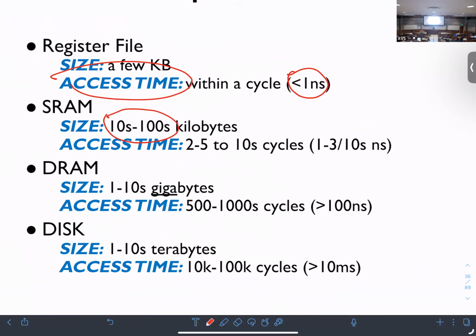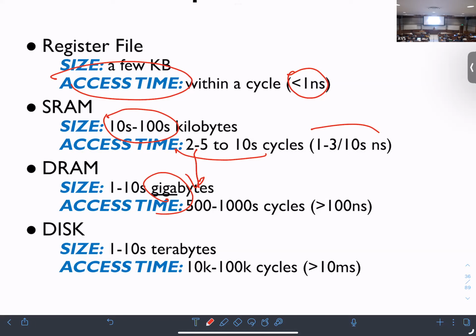It could be somewhere between 2 to 10 cycles, which translates into 1 to 10 nanoseconds of access time for SRAMs. For DRAMs, you're talking about gigabytes, but you see the significant jump from 10 cycles to hundreds and hundreds of cycles, even thousands of cycles for DRAM. So there's a huge jump between SRAM and DRAM.